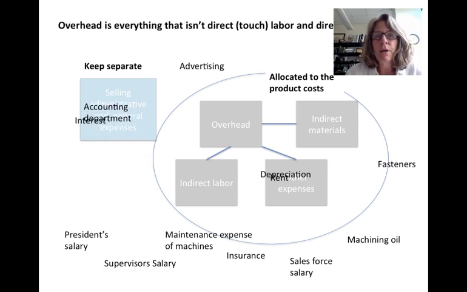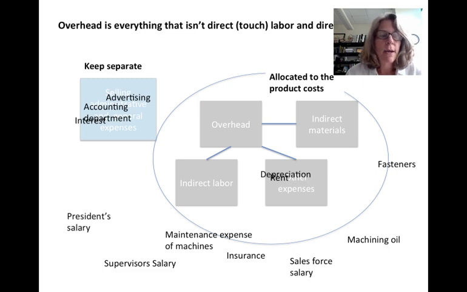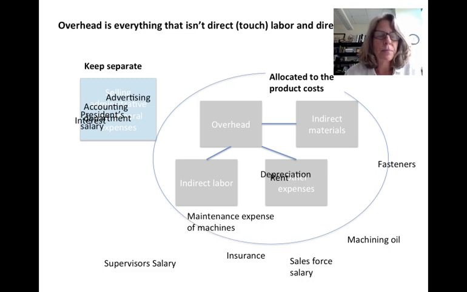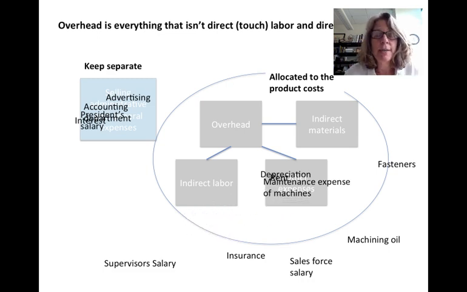Accounting, so the costs associated with the accounting department or any other corporate department, stays in this general category. Advertising, again, is general selling and administrative expense, so advertising is part of selling expense. President's salary, so high-level corporate expenses stay in that area. The maintenance on machines goes into the other category of overhead.